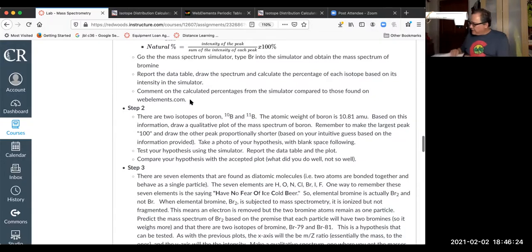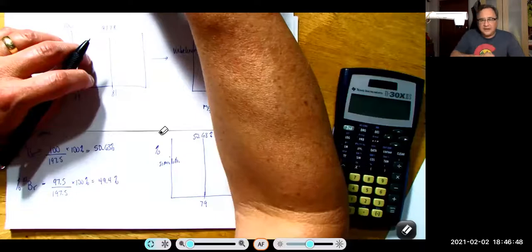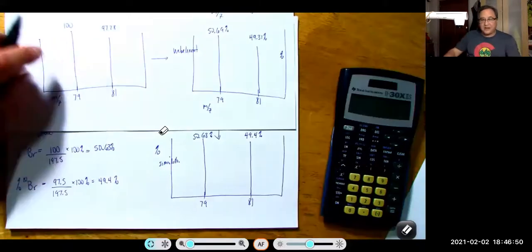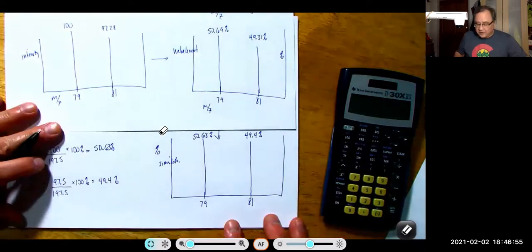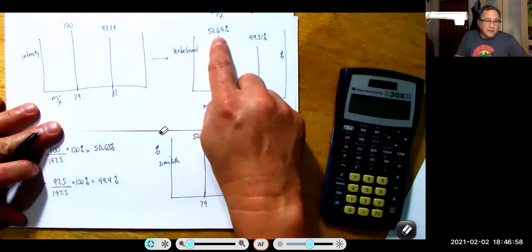So I'm going to pull up my piece of paper here from Web Elements, and I'm going to go back and do my switch screen again. Okay, here's my Web Elements. Here's my simulator.